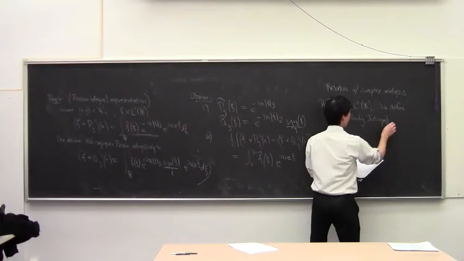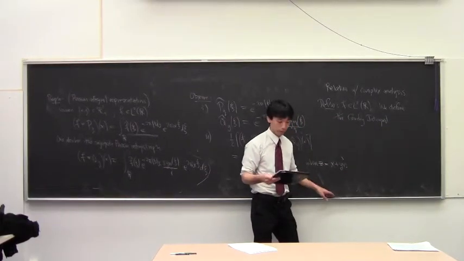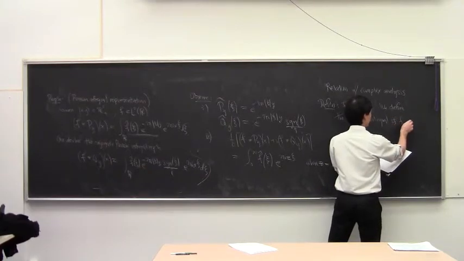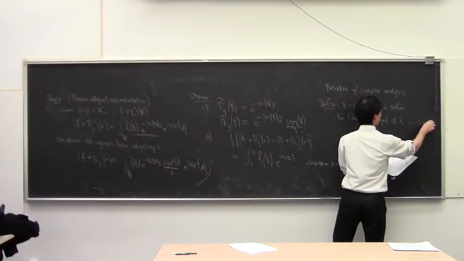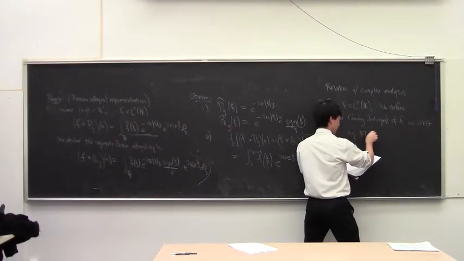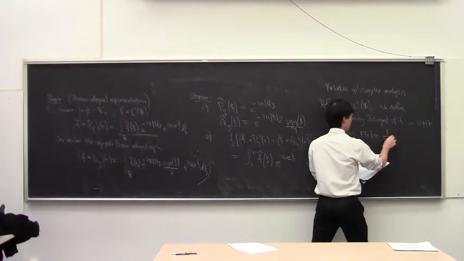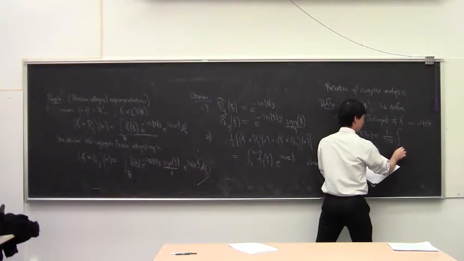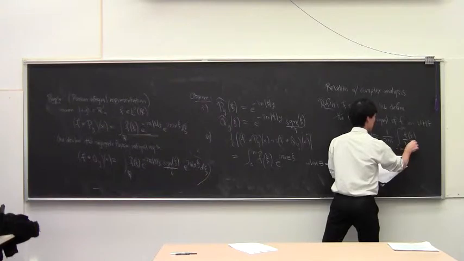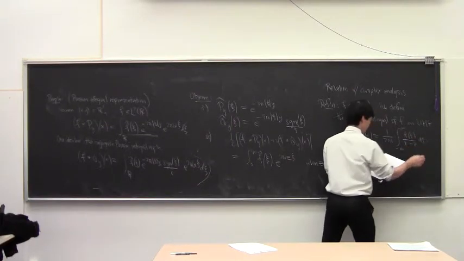So recall, we mentioned this before, the Cauchy integral. We define the Cauchy integral of f on the upper half plane by F of z equals 1 over 2 pi i, the integral from minus infinity to infinity of f of t over t minus z dt.